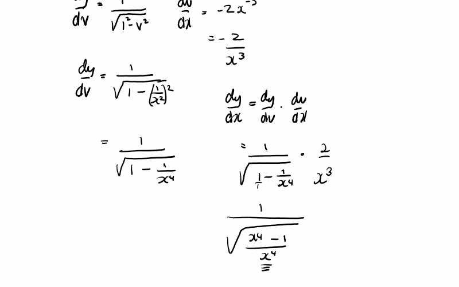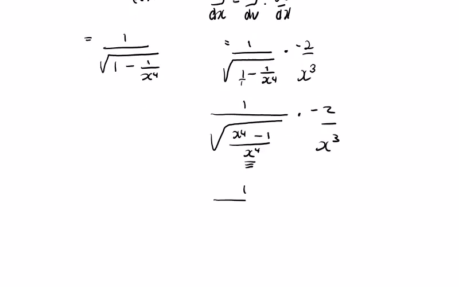Now this will help, because now I can separate this into 2 square roots. And I'll be able to get the square root of x to the power of 4 on the bottom, times minus 2 over x cubed. So this fraction will be 1 over the square root of x to the power of 4 minus 1 on top over the square root of x to the power of 4 on the bottom. I'm still multiplying by minus 2 over x cubed. And I can see here now, I can separate it.